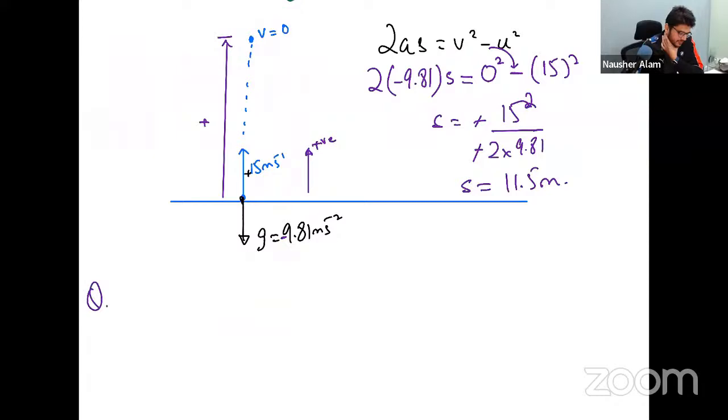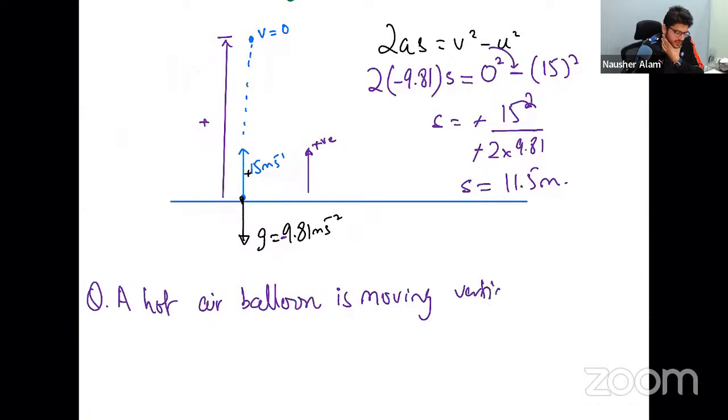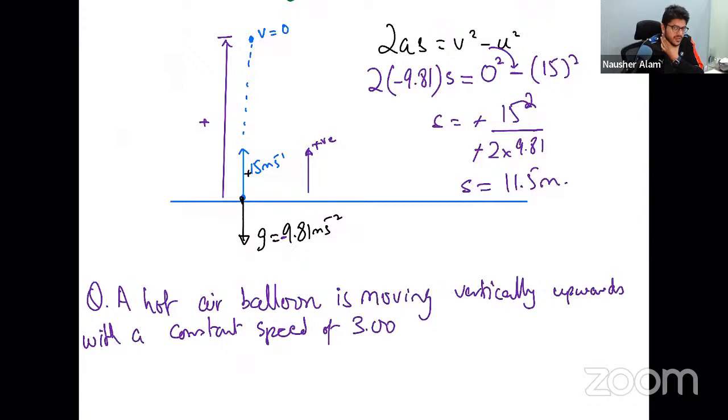क्वेश्चन लिखो गाइस. The question is: a hot air balloon is moving vertically upwards with a constant speed of 3 meters per second.